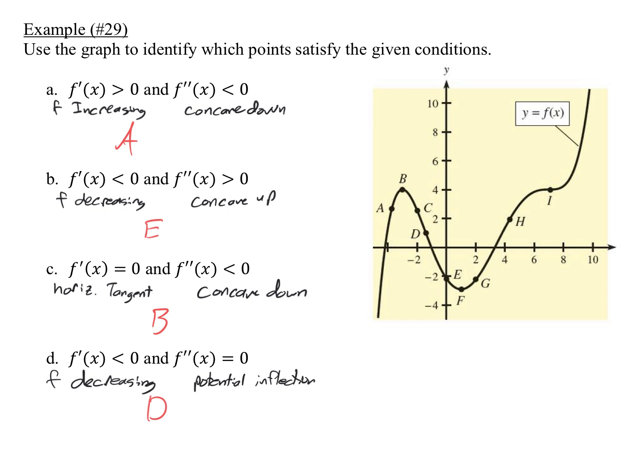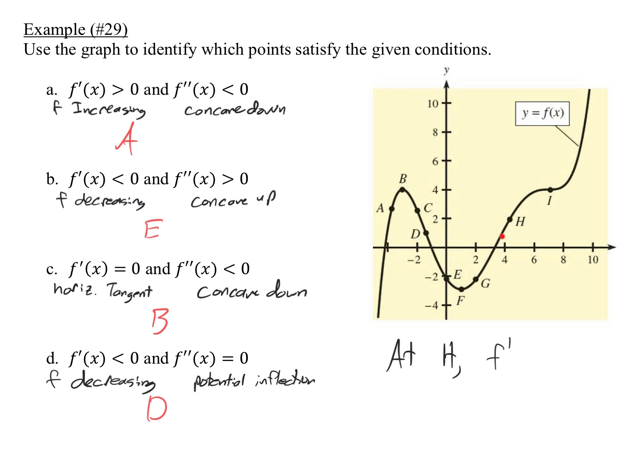And you can pick on any of these points over here. So we've specifically focused on A, E, B, and D, but let's pick on something that wasn't one of the answers over here and list what the first derivative would be and what the second derivative would be. So let's do this. At H, your first derivative, let's see, what is the first derivative doing?